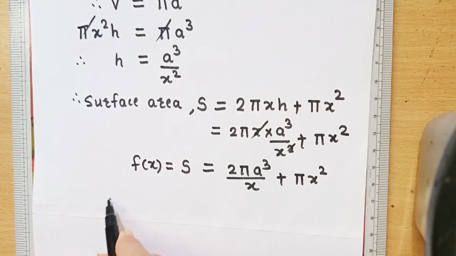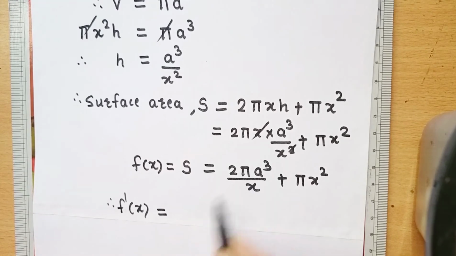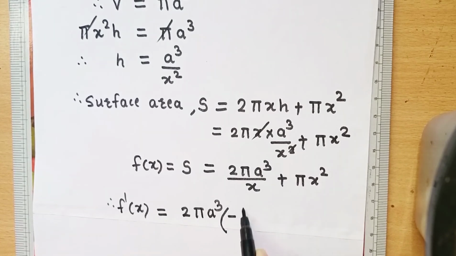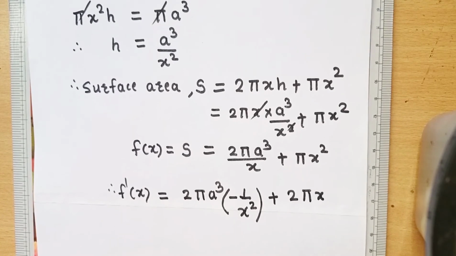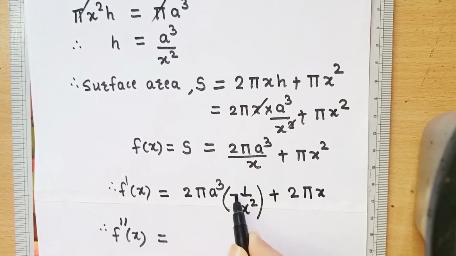Now differentiating this, therefore f dash of x is equal to 2 pi a cube is constant and derivative of 1 upon x is minus 1 upon x square. And here derivative of x square is 2x, so here I am writing 2 pi x. Now again differentiating with respect to x. So we have, this is minus sign.